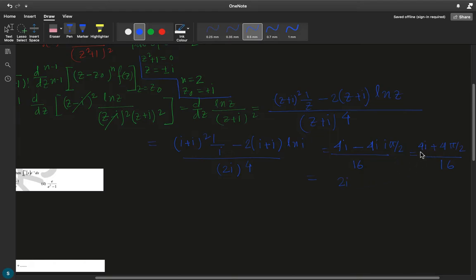If I take out i common, then this is 2i plus pi, divided by 8. Yeah, I'm right, most likely.